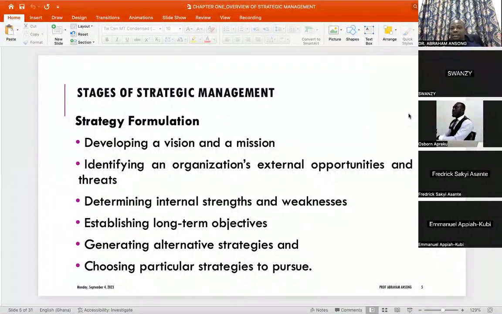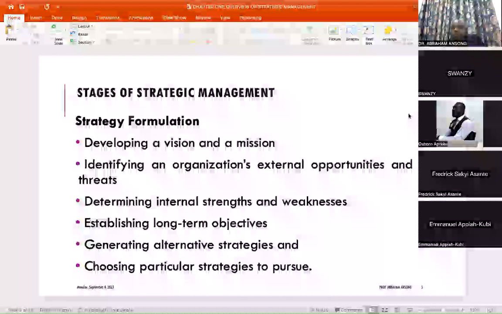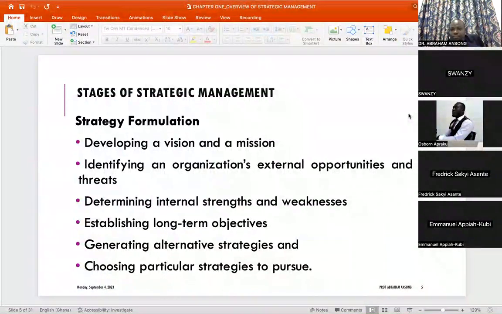We have to be clear in our minds what the vision and the mission are. Then we can think about the strategies that we have to put in place in order to get to our vision. The next point is that we need to identify the organization's external opportunities and threats.